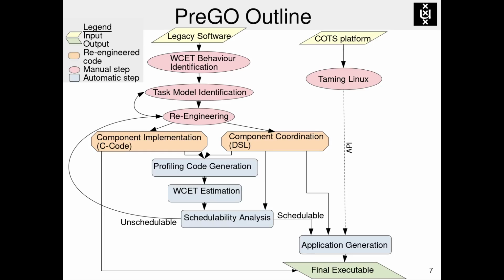The manual ones are usually heavily connected to the use case understanding and cannot be automated, like identifying the worst case execution time behavior, which depends on some constraints of the project itself. Then we will apply this methodology on the industrial use case that I mentioned before.